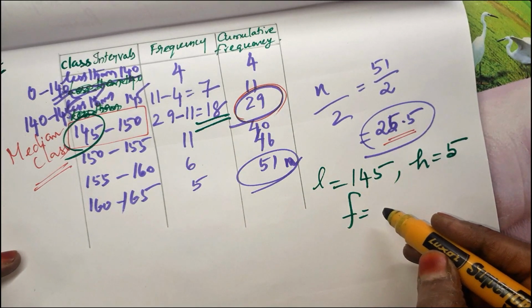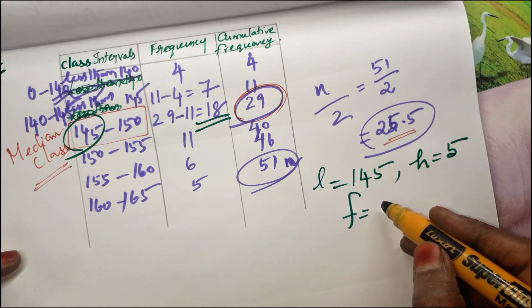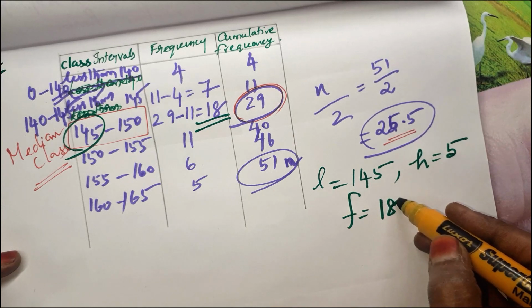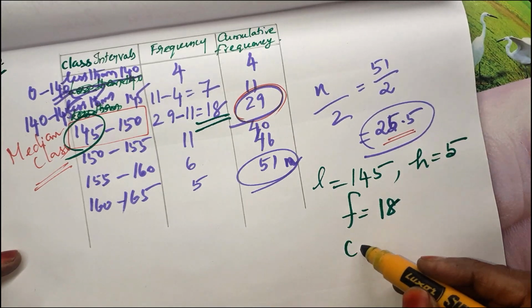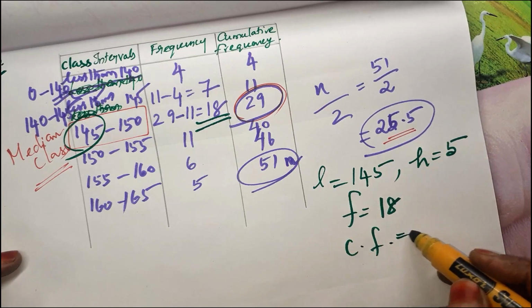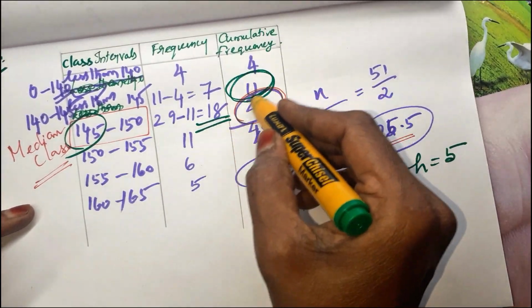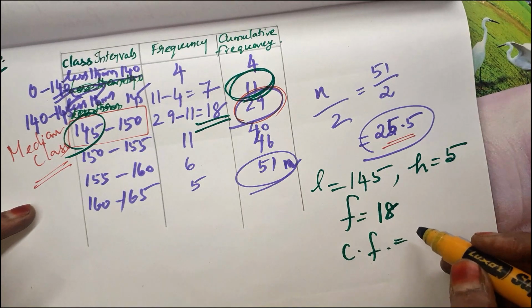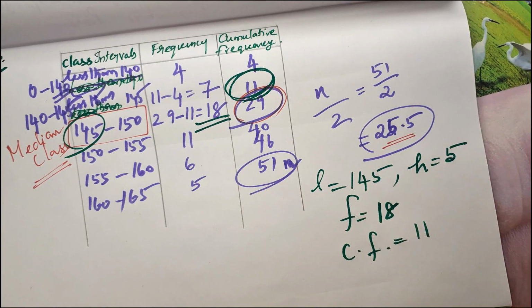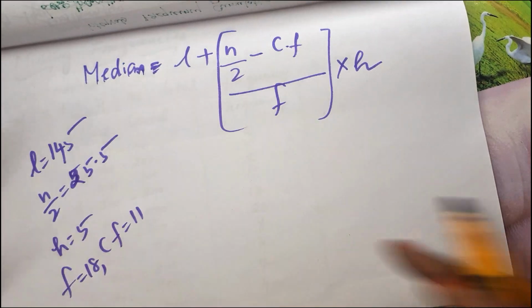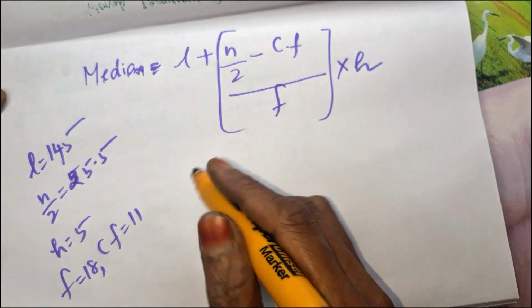So F is equal to 18. And CF, what is CF? CF is the cumulative frequency preceding the median class. So it is 11. So L is equal to 145, H is equal to 5, F is equal to 18, and CF is equal to 11.